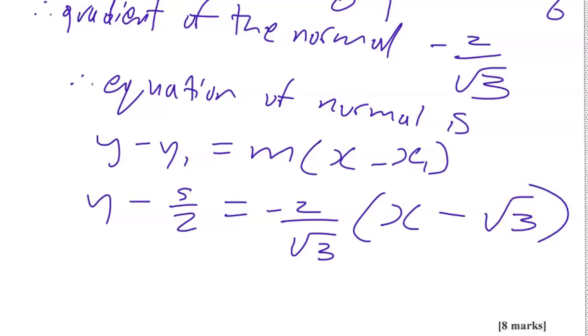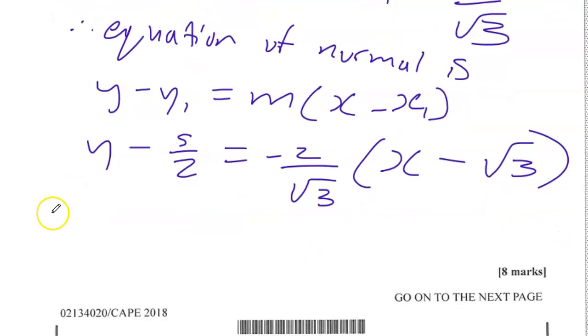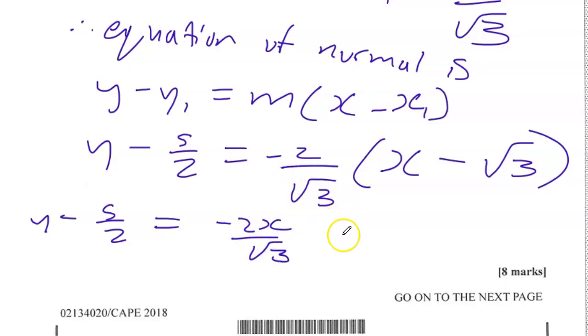And of course, you certainly can put this in a simpler form if asked. Right, let's see if we can do that. So y minus 5 upon 2, if I expand, I'll get negative 2x upon root 3 plus 2, right?